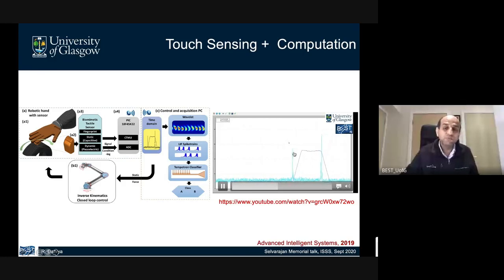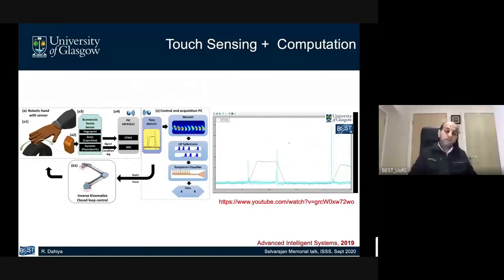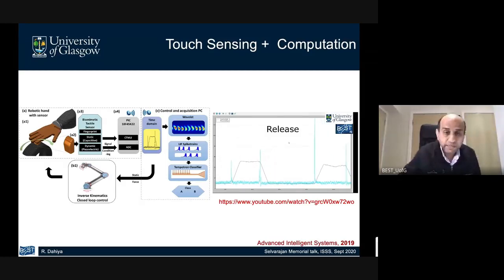So for example, when you see the change, that's where your piezoelectric sensor would respond, and when you change again, the piezoelectric sensor would respond. At other points, the black color is the capacitive sensor. So you can manipulate an object, or you can feel the texture of the surface with that. This also includes some neural processing for the data.